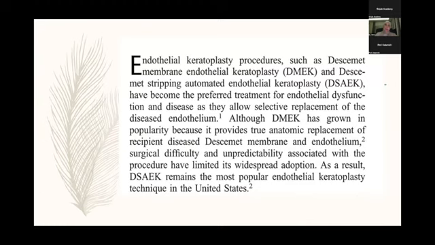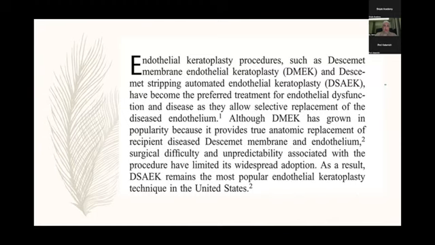Now, before we start, I would like to emphasize that endothelial keratoplasty procedures such as the DSAEK and the DMEK have become the preferred treatment for endothelial dysfunction and disease, as they allow selective replacement of diseased endothelium.